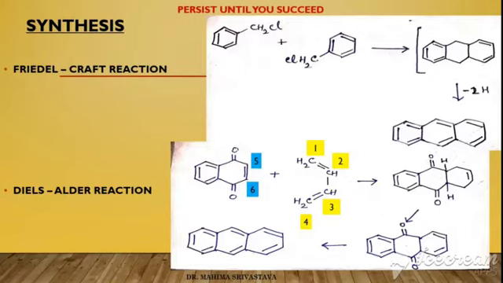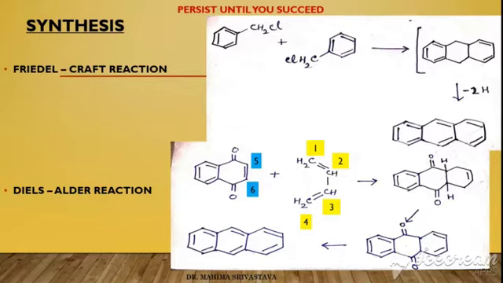So, electrons from the dienophile attack the carbon C1 on the diene. I have also numbered the carbons of the diene as well as the dienophile. The involved carbons of the dienophile, only those I have numbered, are in the blue box and those of the diene are in the yellow box.